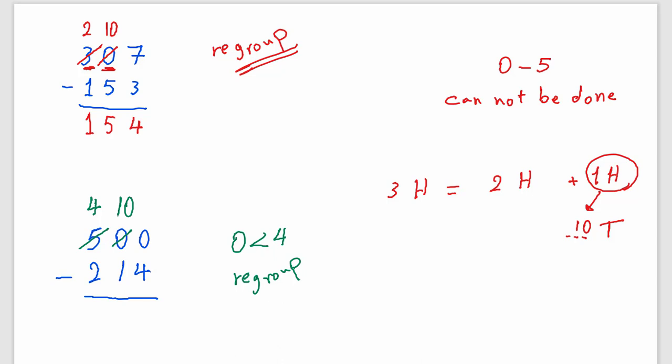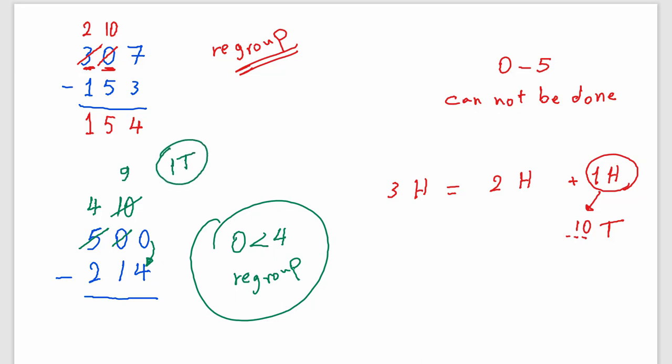And if you try now to subtract, you will have the same problem. 0 is less than 4. So we need to regroup the ones. That's why we will take 1 from the 10, and it will be 9. And now I have 1 tens, and I will put it in the ones. And as you know, 1 tens is equal to 10 ones.